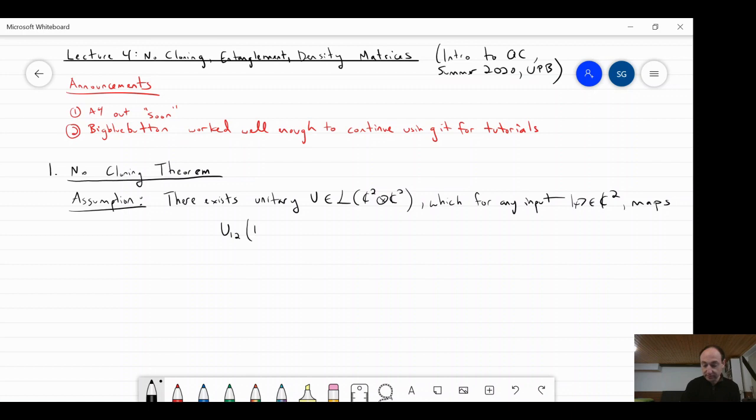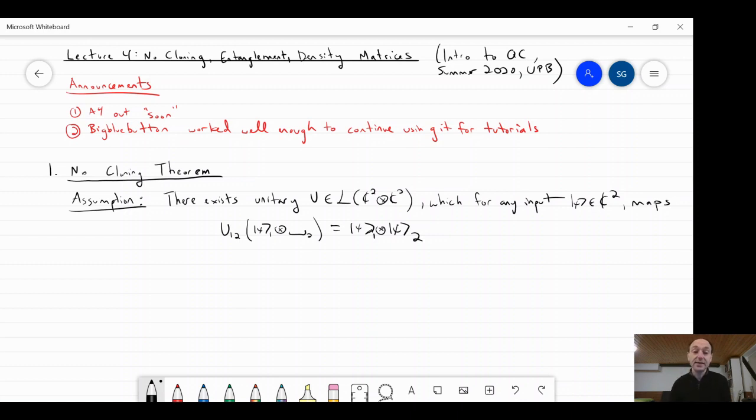It will map psi on the first qubit, and I have a second register here, and this is supposed to equal 2 copies of psi. For consistency I should put the index outside to clarify that we're acting on that qubit. Okay, that's a bit better.